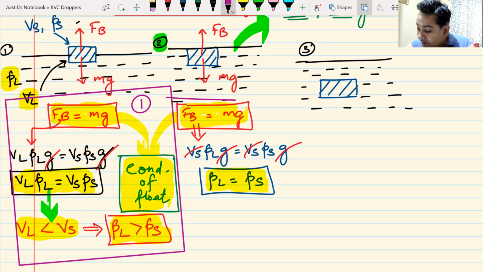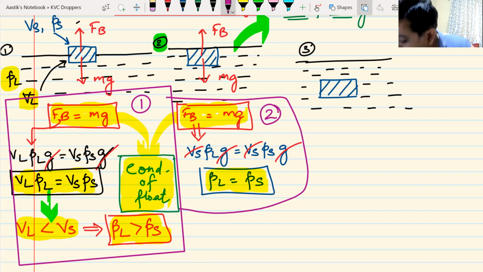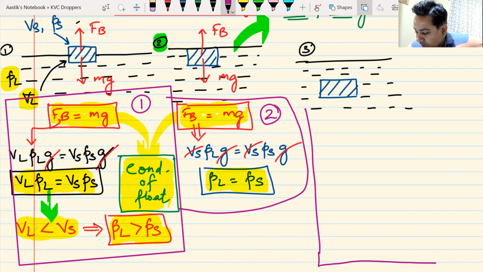This is my case number 2. Do we understand this? It floats, entire volume is inside. Now let us move on to case number 3. What will happen in case number 3?